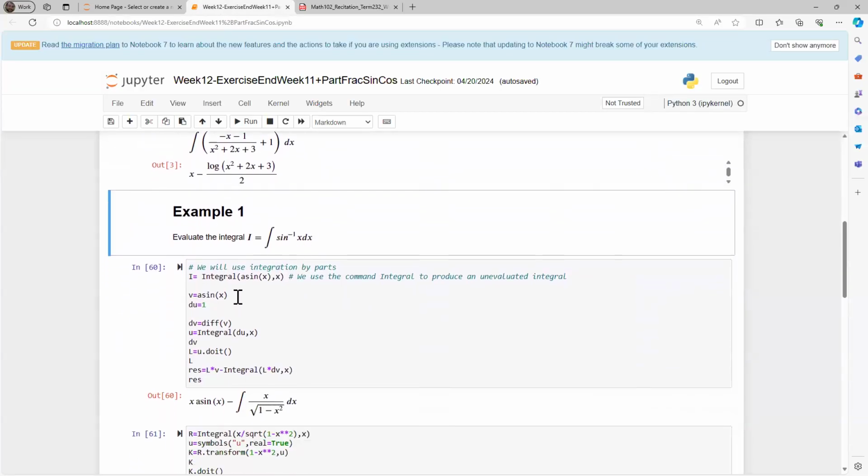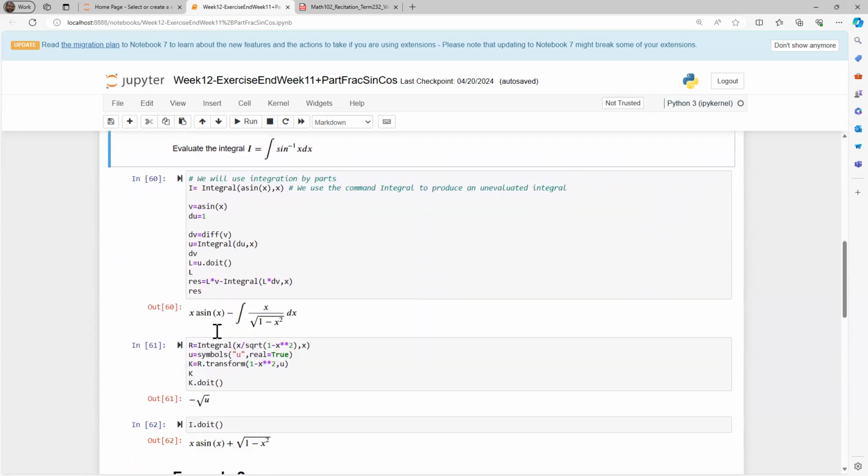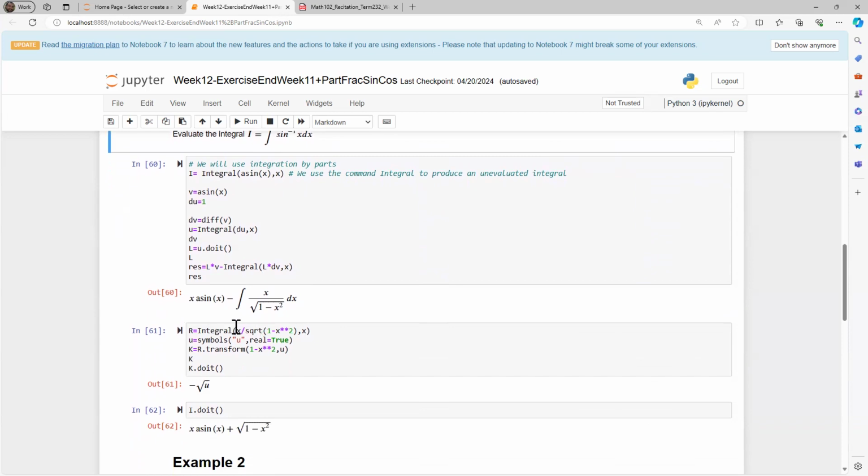Here we will repeat the same steps explained in the slides here in our Jupyter notebook. First of all, we define the integral of sine inverse. We defined v as sine inverse, du as 1, so u is x, dv is 1 over root of 1 minus x squared. This is the first result after the by-parts integration, what we see in cell 16. Then we performed the substitution. We substituted 1 minus x squared by u.